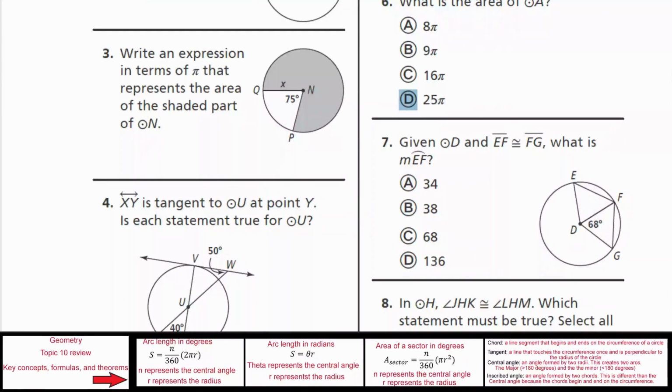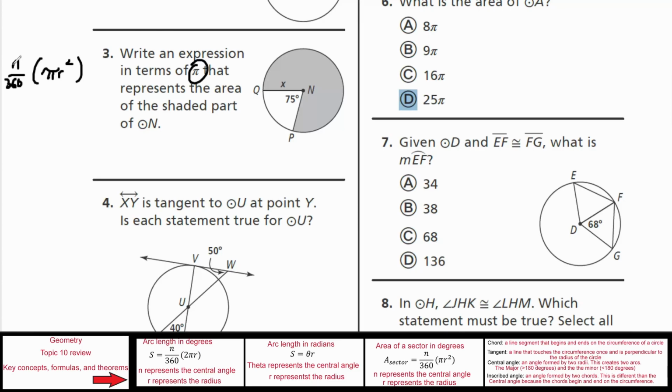All right, here we go for number 3. Write an expression in terms of pi that represents the shaded part of the circle with center N. So for that, I'm going to look at box number 3 on my screen. The area of a sector is n over 360. That's the part of the circle that we want, times the entire area.